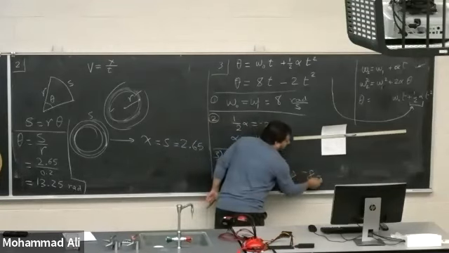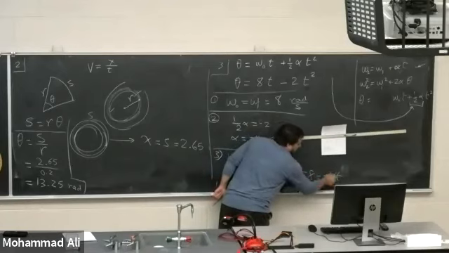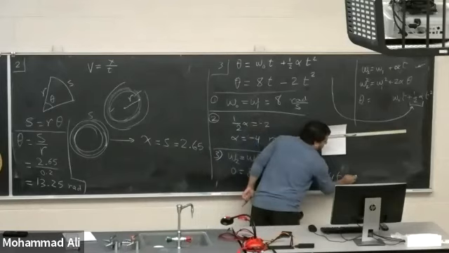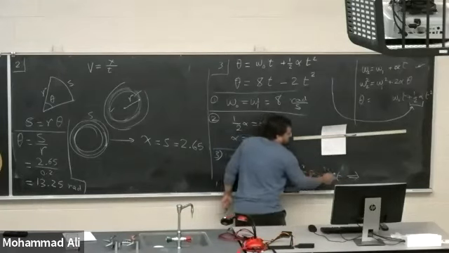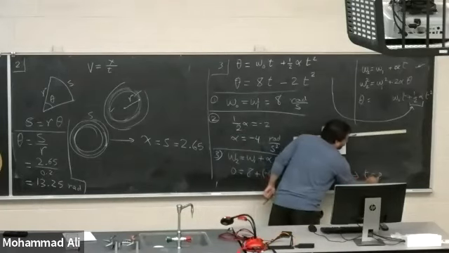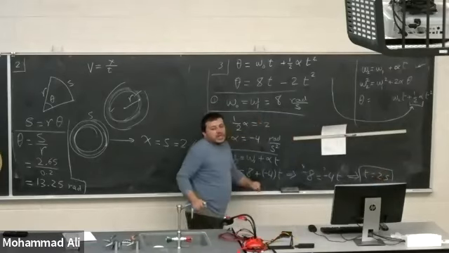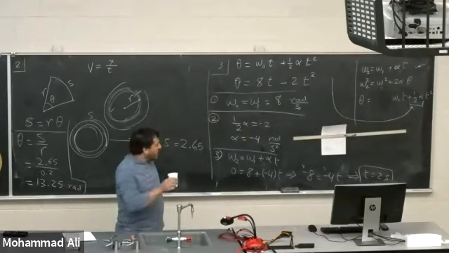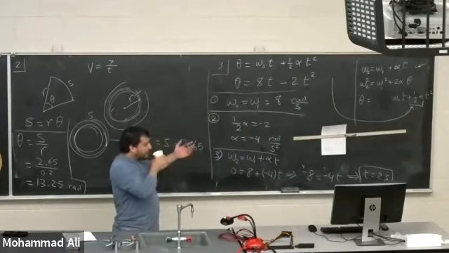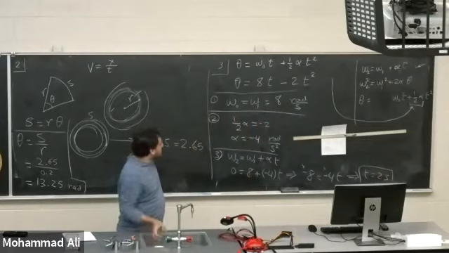It will be negative 8 equal to negative 4t. So the negative will go with the negative, and t is equal to 2 seconds, as you see here. It is just like the linear motion way, and it is simple to use these equations.